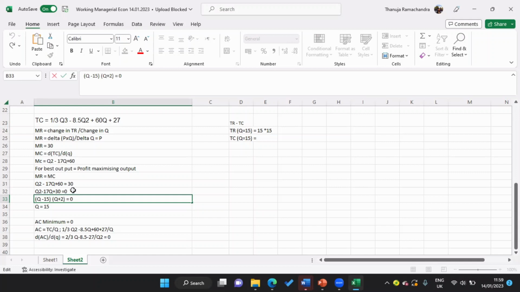So if we distribute, it is Q squared minus 15Q minus 2Q, 17Q plus 30. If you take the Q out, Q minus 15. Here, if you take minus Q out, Q minus 15, yes. Q minus 2, correct.